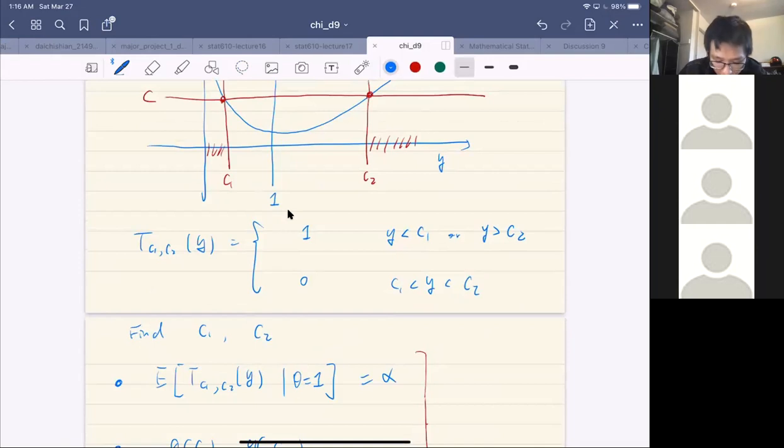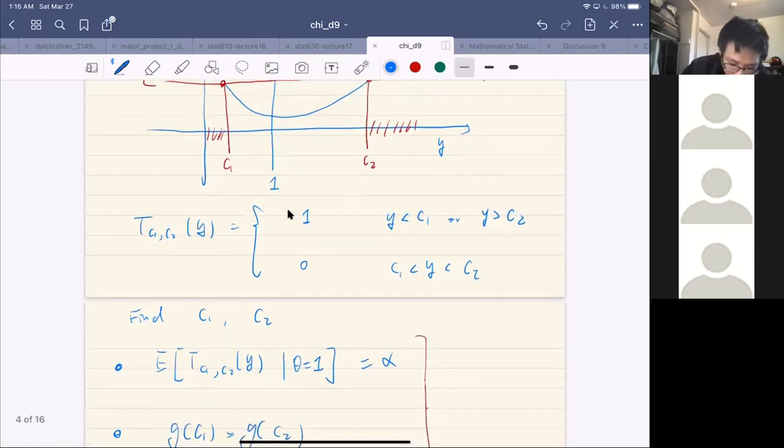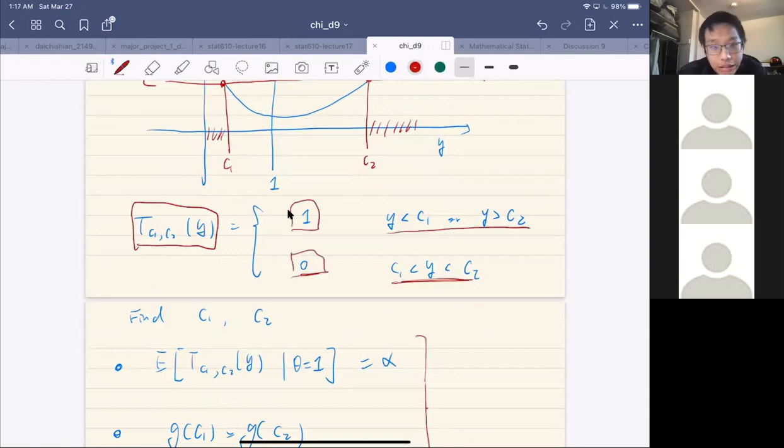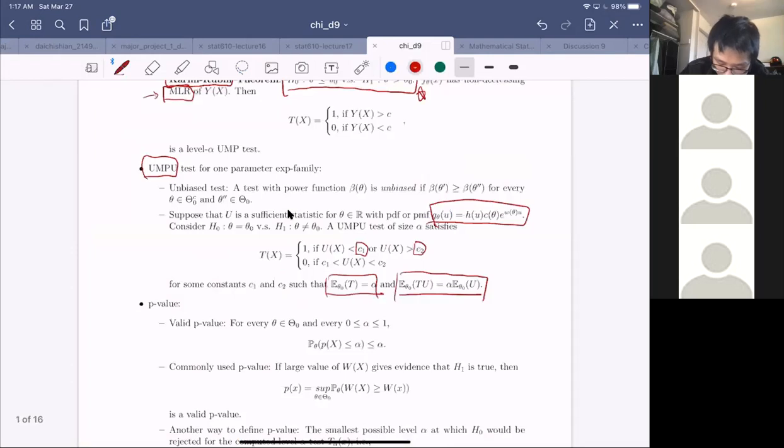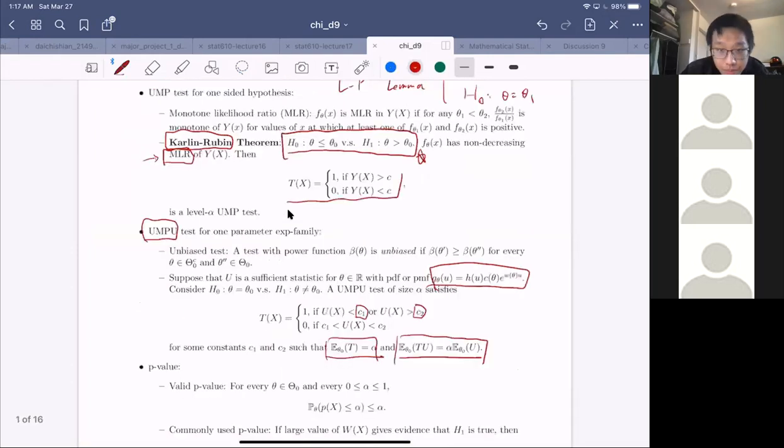Usually we define a test as a rejection region, on which domain we reject and which domain we fail to reject.